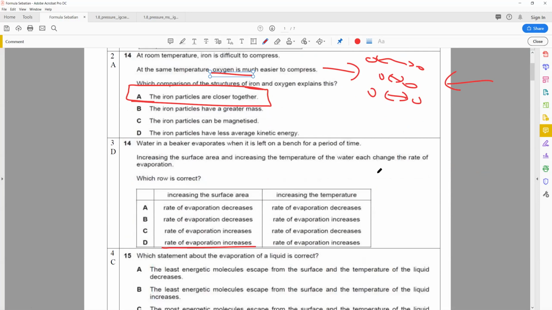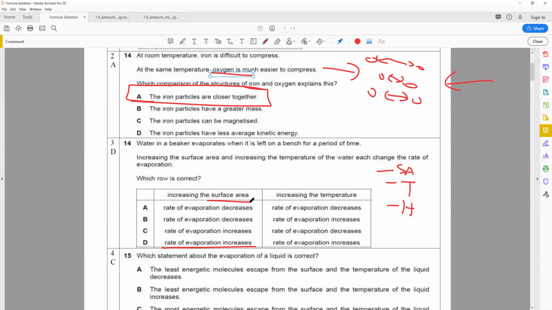Because like I mentioned last week, there are three main factors that affect the rate of evaporation, which are surface area, temperature, and also humidity. For those who forgot what humidity is, to be humid is to be wet. For example, Malaysia is considered a humid country because it's generally quite wet in the environment. So these three are the main factors that affect the rate of evaporation.